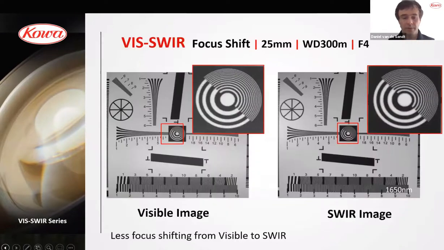Usually, if you change the lighting, you would have to refocus the image because it goes out of focus at different wavelengths. But due to the optical design of these lenses, this natural focus shift is decreased.